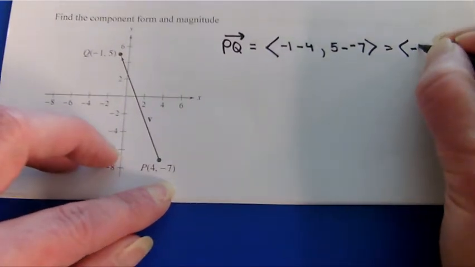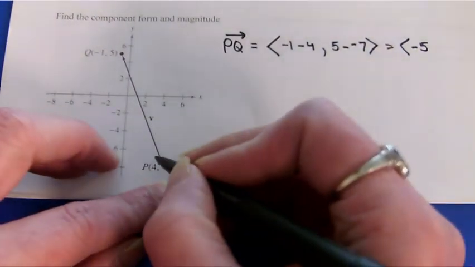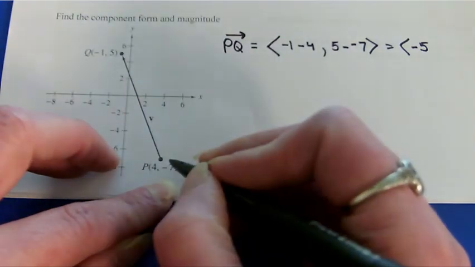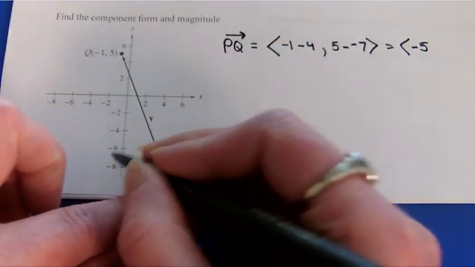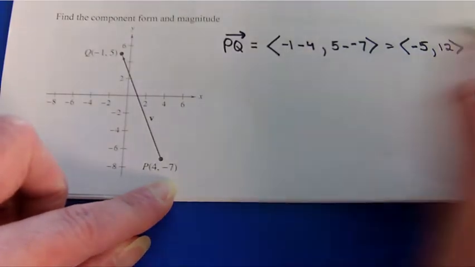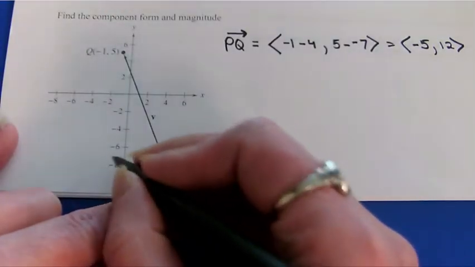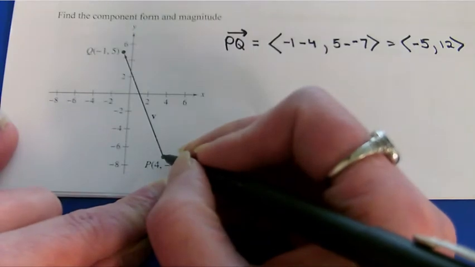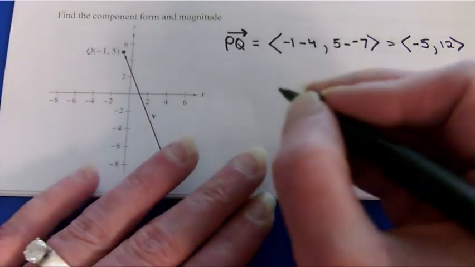The other way to think about this is to get from this point to this point, I have to go left 5, and then up 12. Left 5, up 12 goes from the initial point to the ending point.